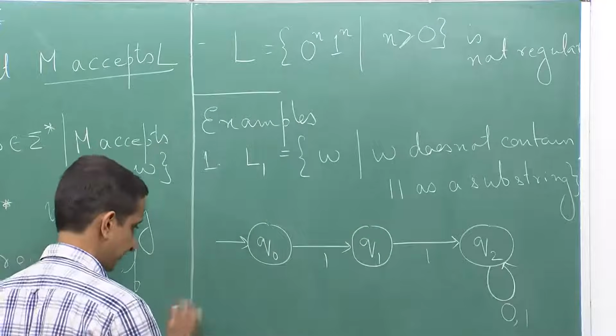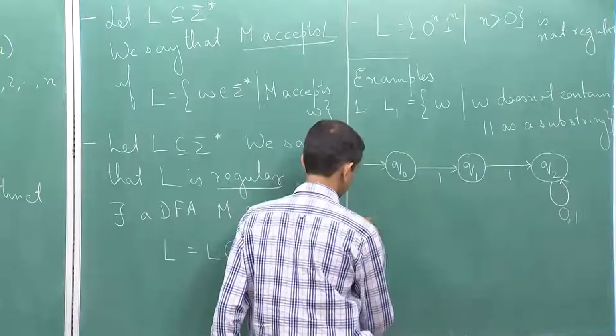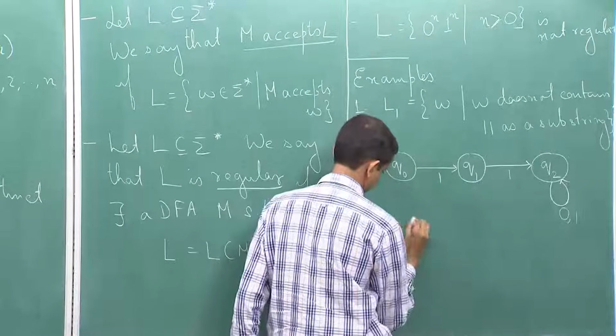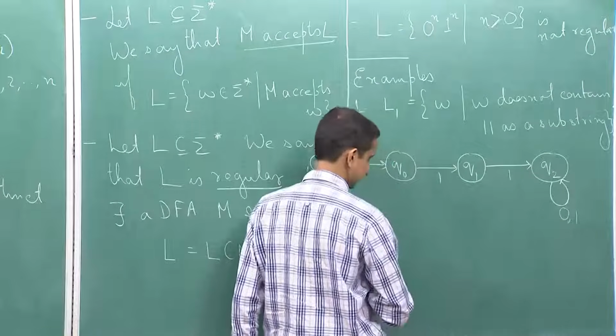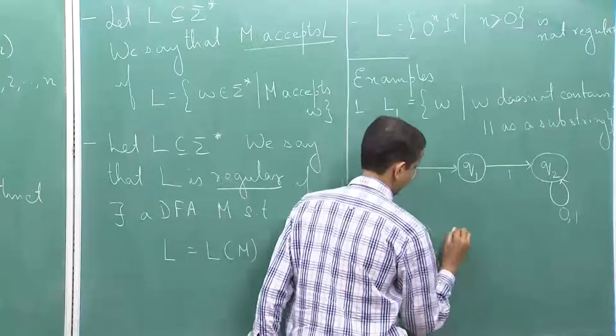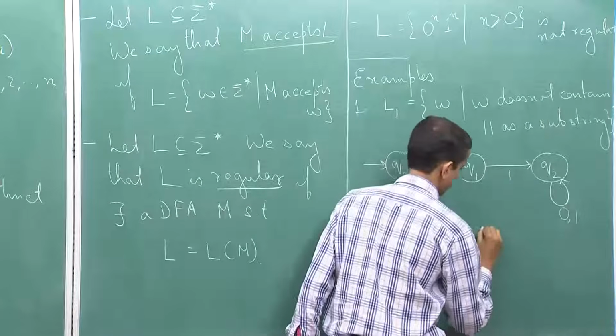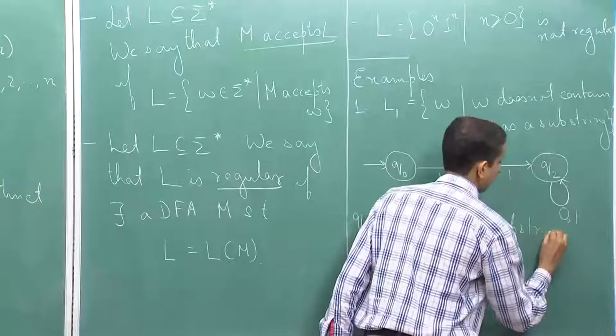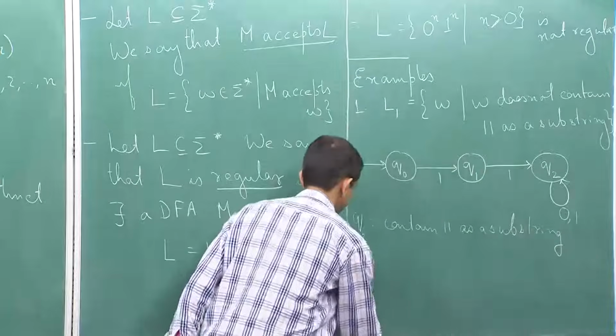Let me write it here. Q2 corresponds to the set of all strings that contain 1 1 as a substring.